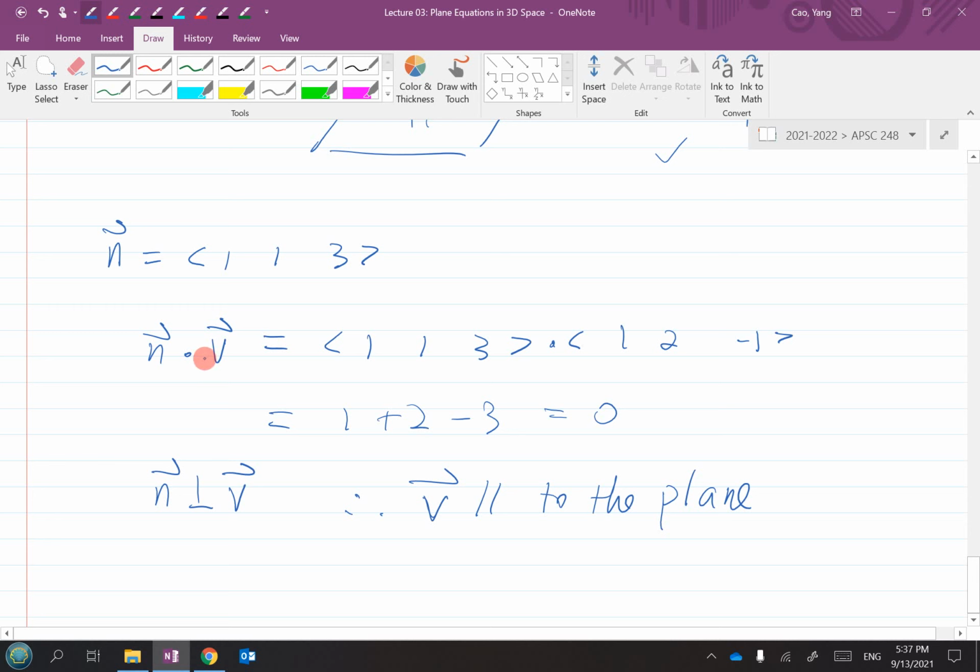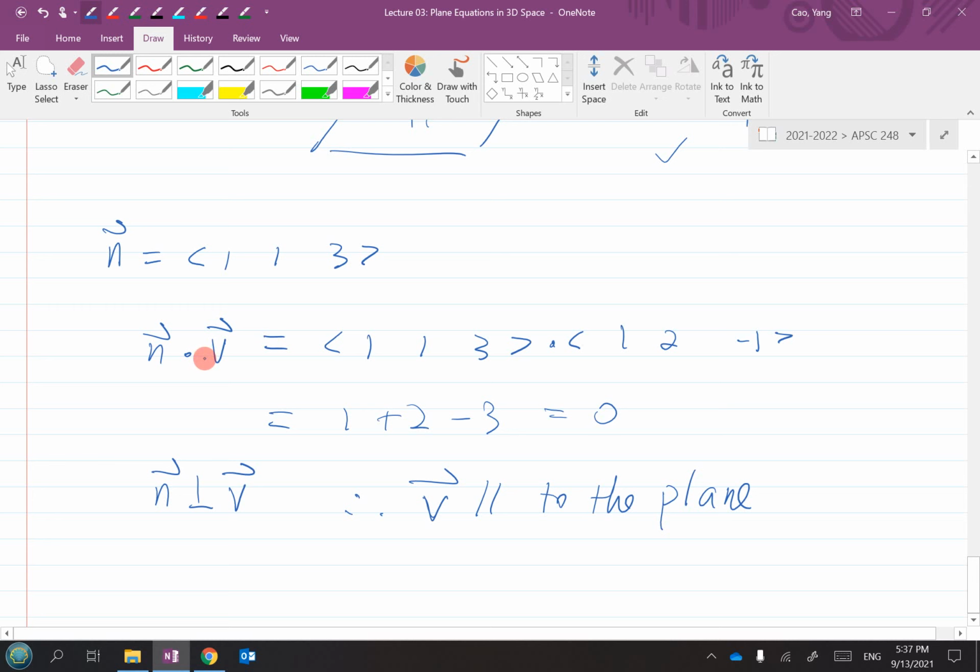Yes, go ahead. You mean V is parallel to n, or V is parallel to the plane? The two vectors are parallel to each other. Good. So the two being parallel to each other means V is what to the plane? Perpendicular. Yes.